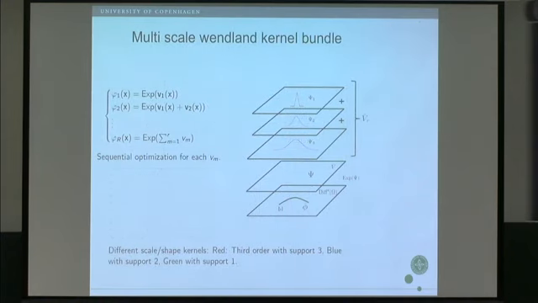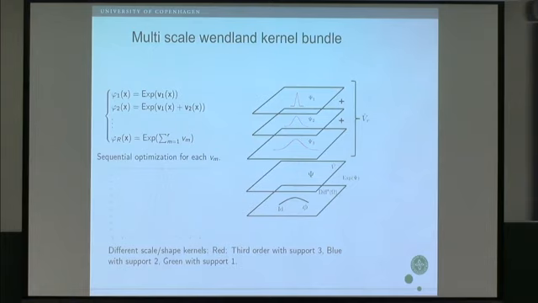Then we are using Stefan's work. You can hardly see it here, but we are using the kernel bundle framework from Stefan, where you can show that you can take the kernels at the various scales and just take the metric on the various scales and add up the metrics from those to make it work.